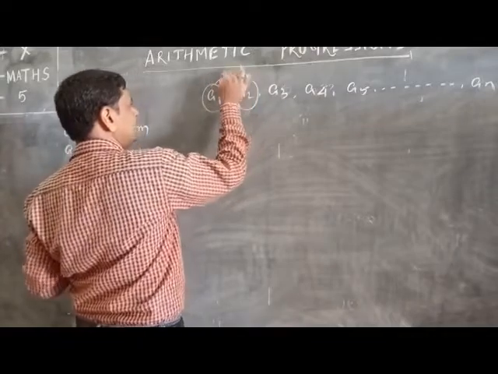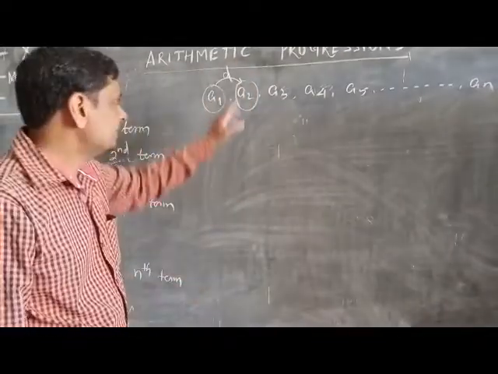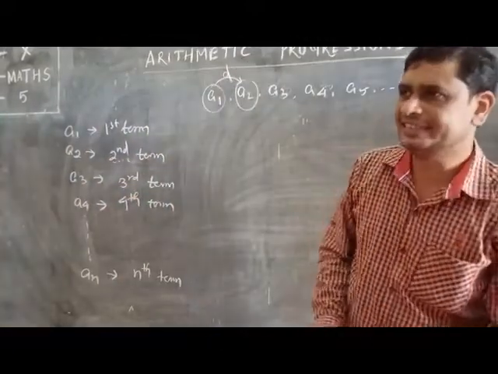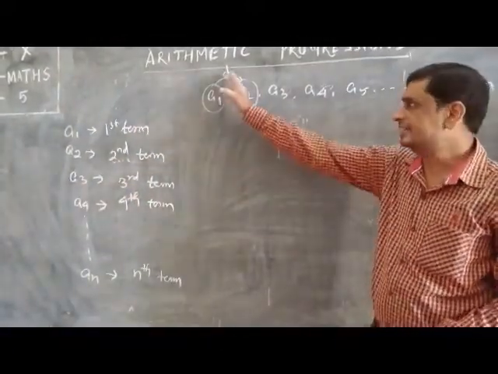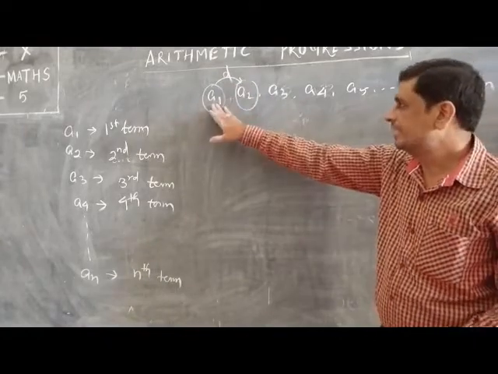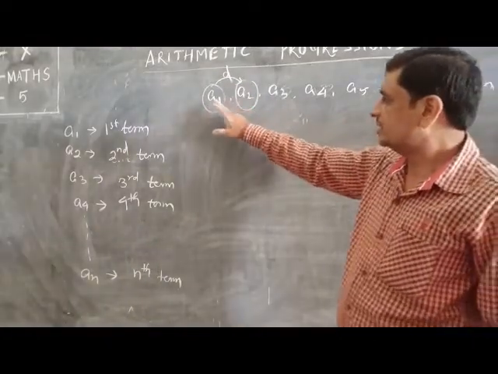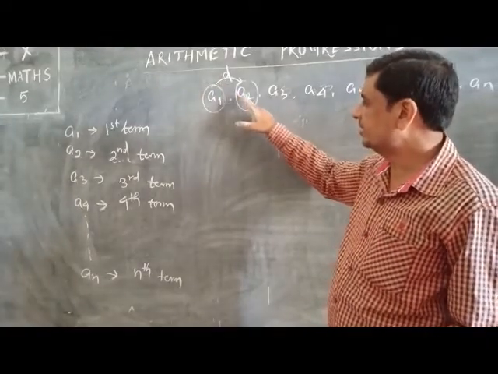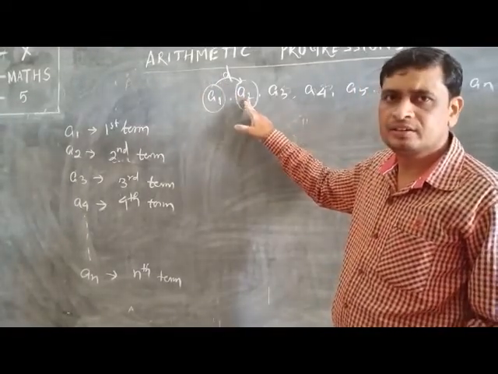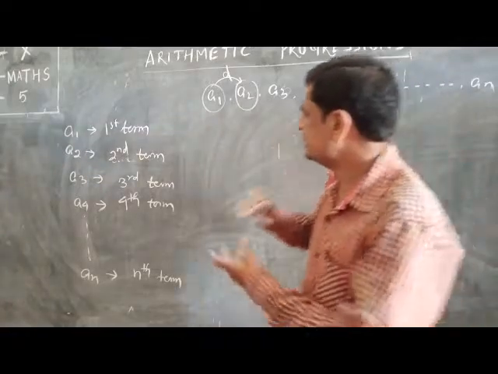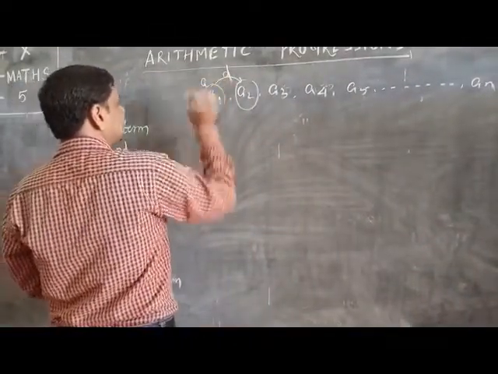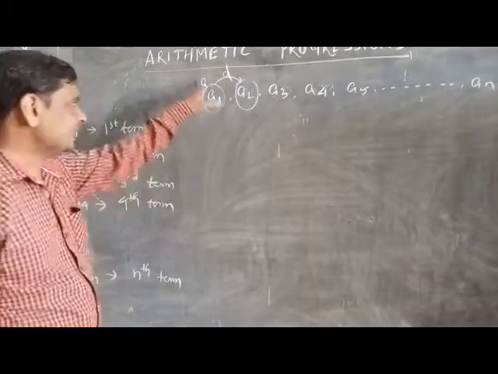Let that fixed number be D, because the fixed number is said to be the common difference, CD, simply written as D. When the first term is added to a fixed number, we get the next term. Let the first term A1 be A.